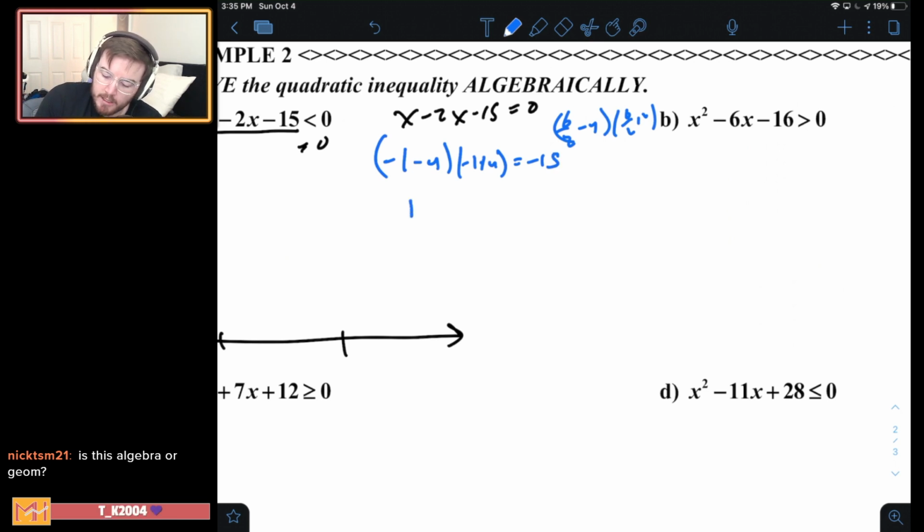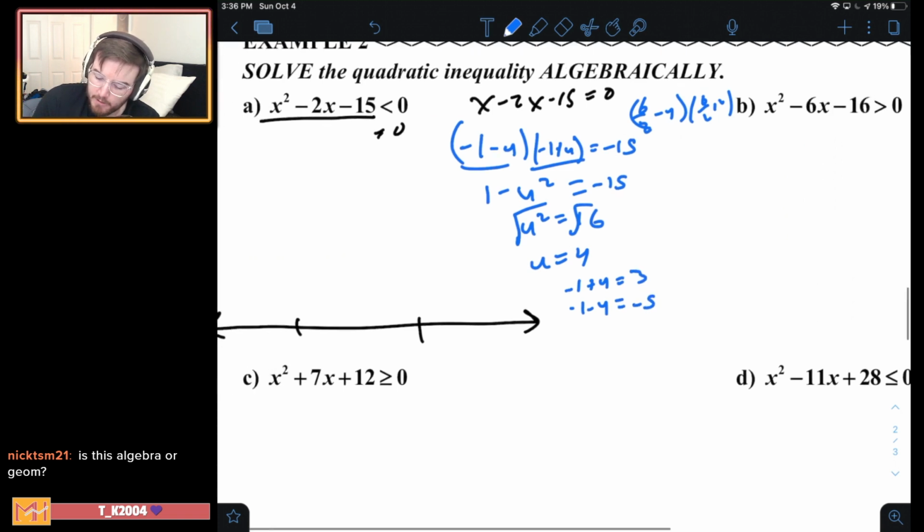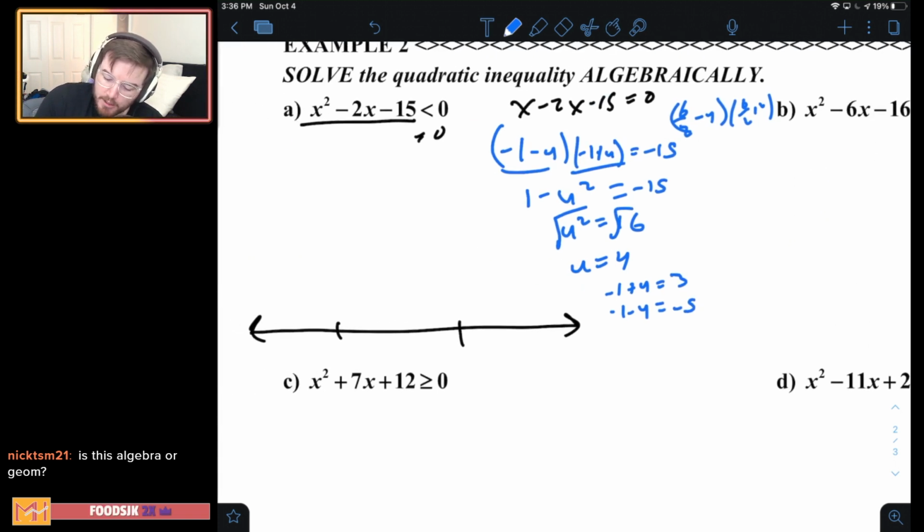So I'm going to get 1 minus u squared equals -15. And I'm going to get u squared equals 16. Take the square root, u equals 4. And when I plug that in here, -1 plus 4, -1 minus 4, I get 3 and -5. So this factors into x plus 3, x minus 5.